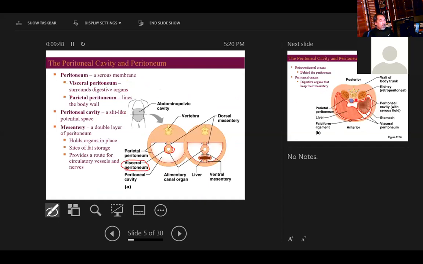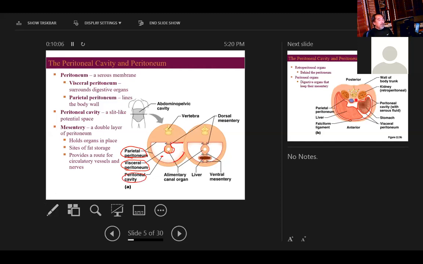Then it goes to the abdominal wall and wraps around the abdominal wall, and we call that the parietal peritoneum. In between the visceral and the parietal peritoneum is a cavity, and that cavity is called the peritoneal cavity.